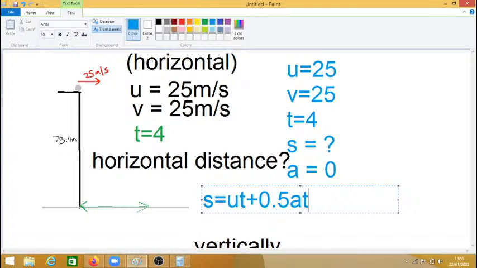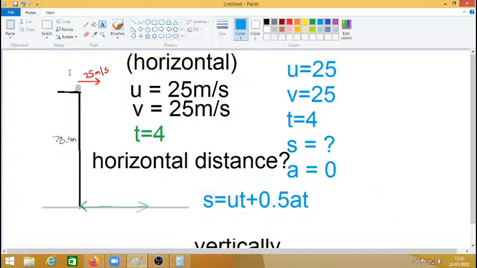S equals ut plus half at squared. And let's just check that we have enough to put into that. So starting on the left, do we know what s is? No, we don't. That's fine. We're allowed to have one unknown. So let's put a question mark there. That's your unknown.